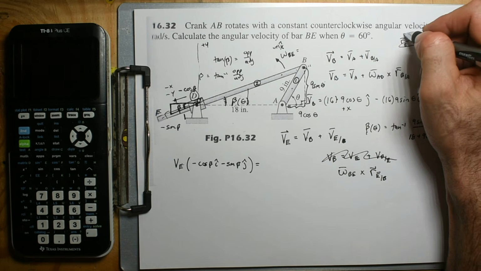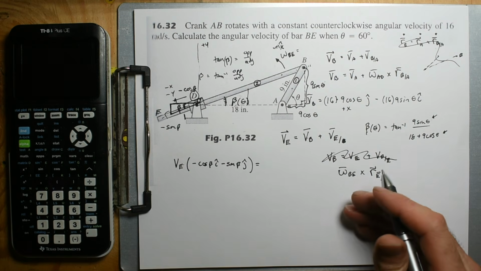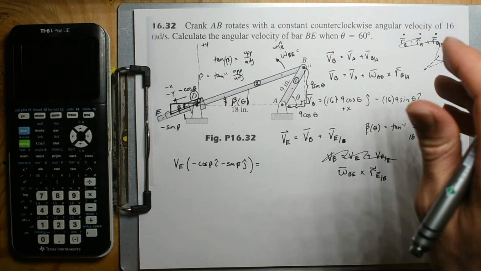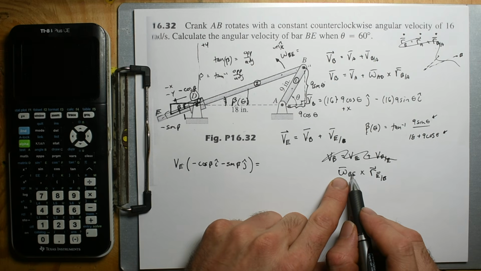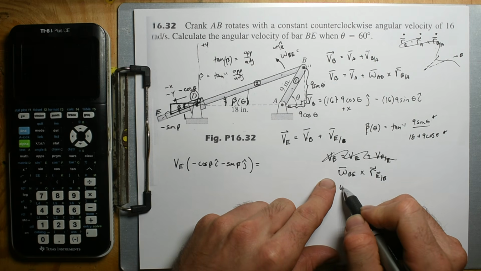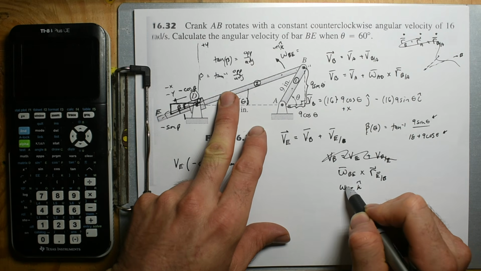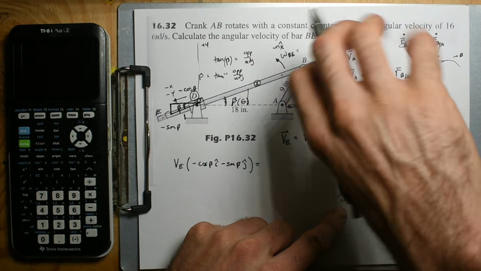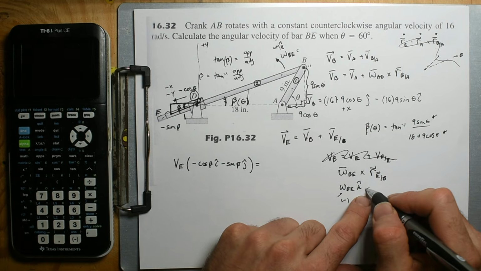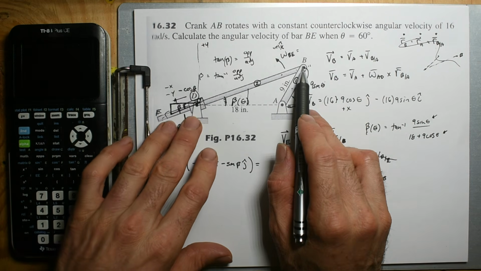I'm sorry, but anyway, you do a time derivative of that, and it gives you this equation. I don't know how to draw it. I apologize. Anyway, let's do this, and I'm just going to assume that this is going to be a k hat. If this turns out to be a negative quantity, I know it was the opposite way. And then the position from E to B.